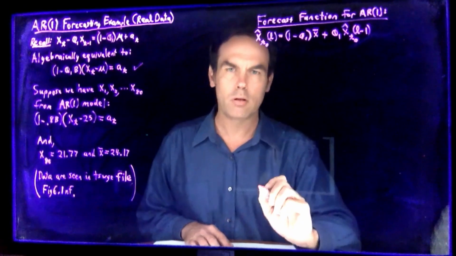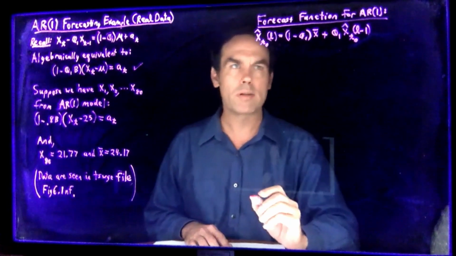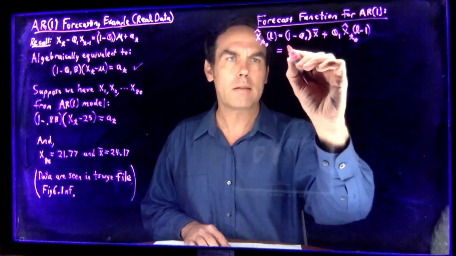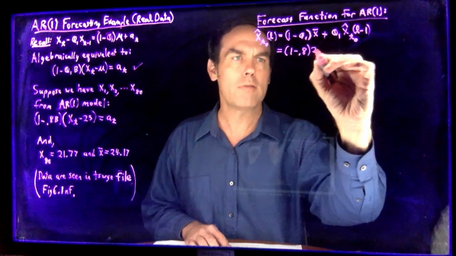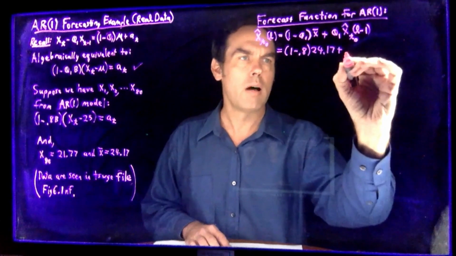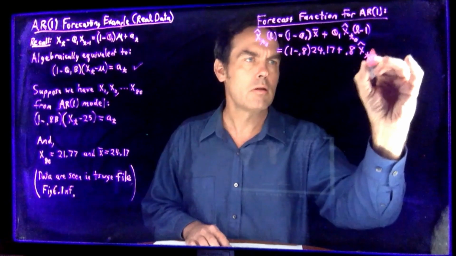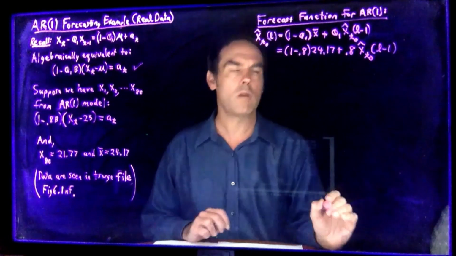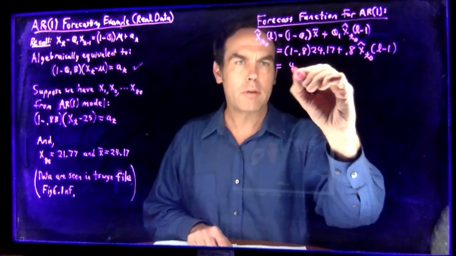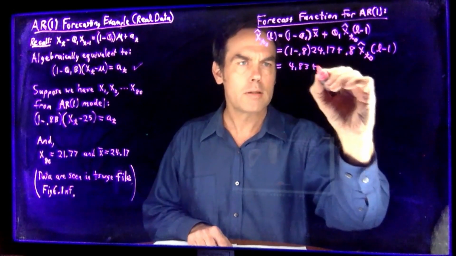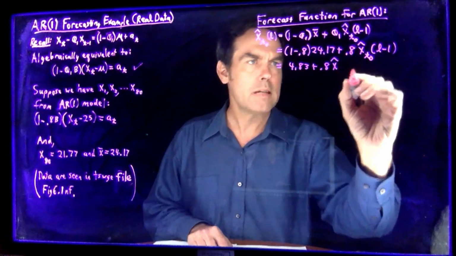Using this forecast function, along with the fact that we know that phi1 is 0.8 and that x bar is 24.17, we can substitute and write this as 1 minus 0.8 times 24.17 plus 0.8 times x hat of t0 of L minus 1, which turns out to be 4.83 plus 0.8 times x hat of t0 of L minus 1.